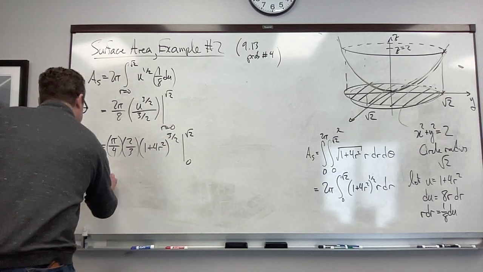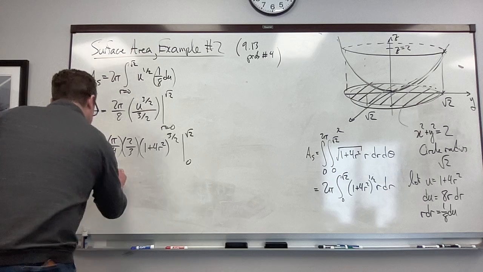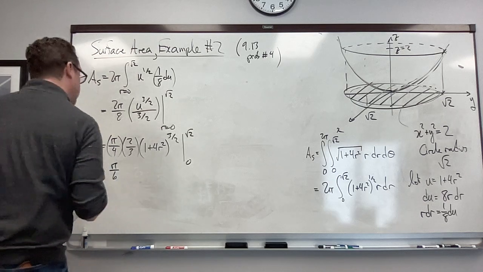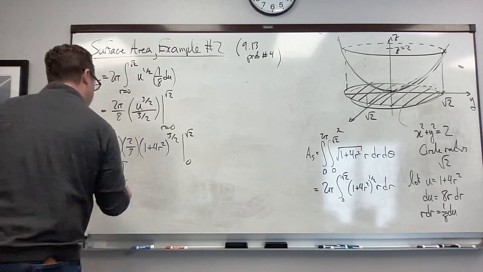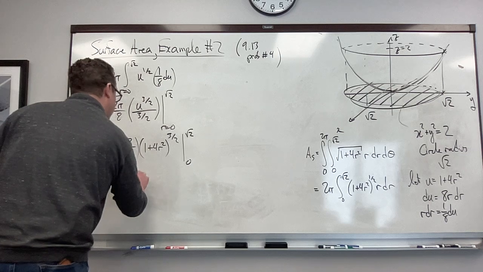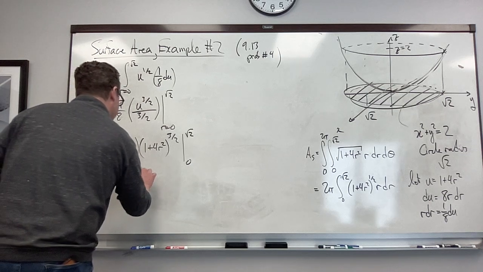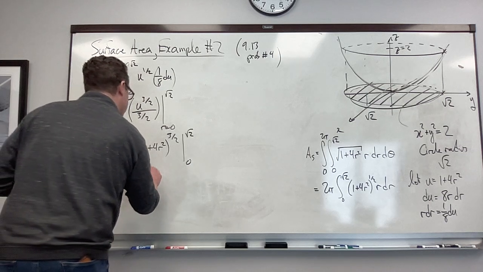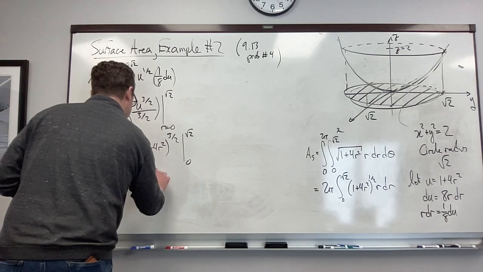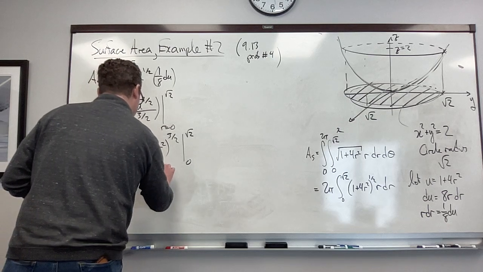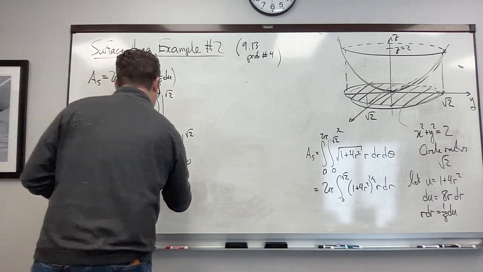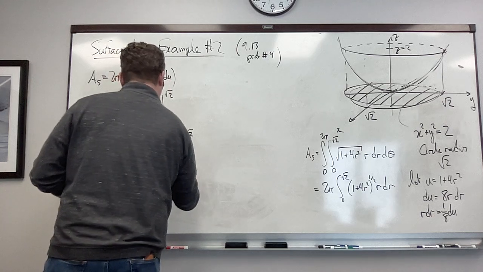So what's this? This is going to be 2 pi over 6, pi over 6. And then let's do the first bit here: 1 plus 4r squared at square root 2, so that's going to be 2 to the 3 over 2 minus 1.